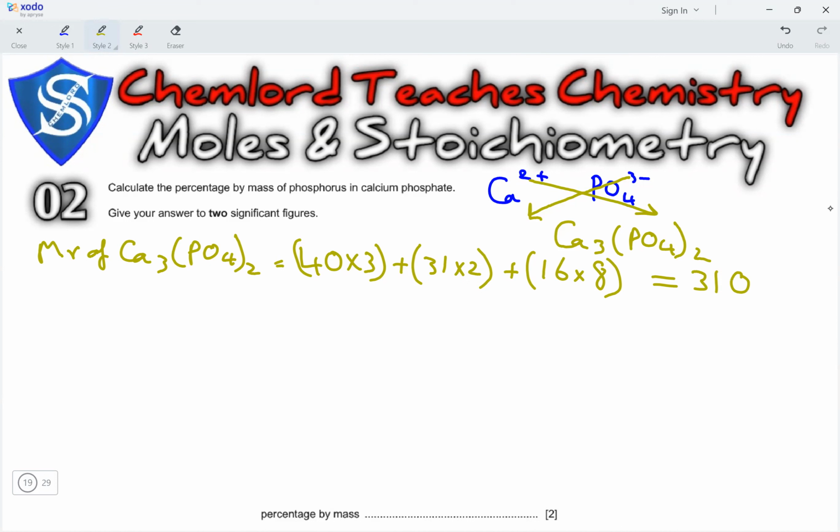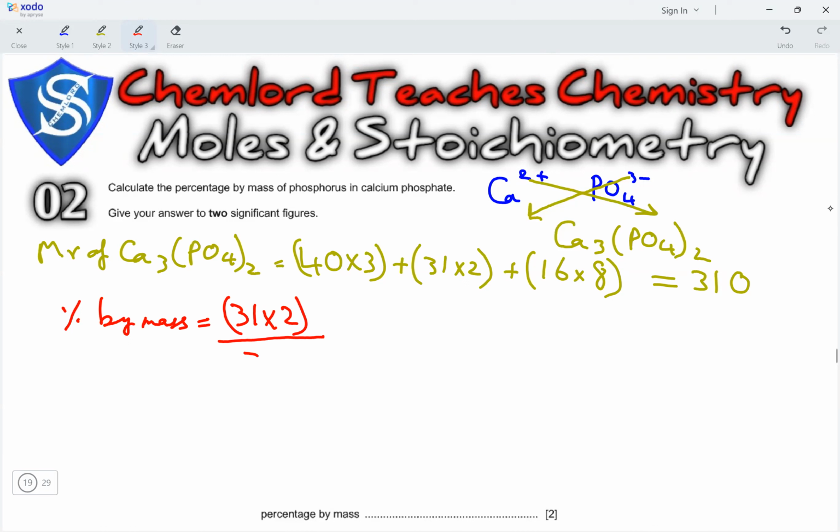So now we have the MR of calcium phosphate. What we need to do is calculate the percentage by mass of phosphorus present in calcium phosphate. So percentage by mass is equal to the amount of phosphorus present, which is 31 times 2, because there are two atoms of phosphorus in one molecule of calcium phosphate.